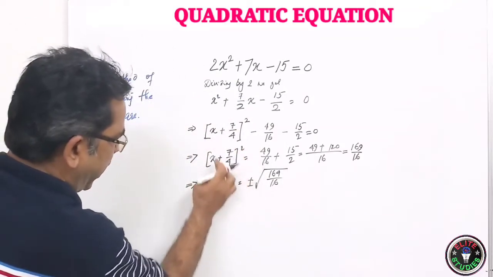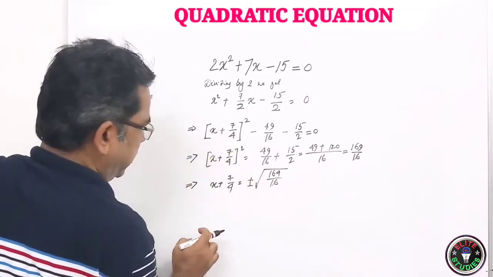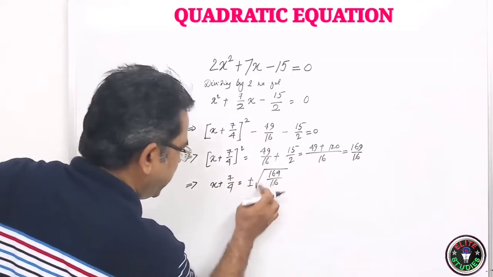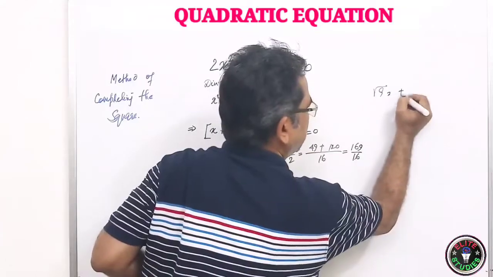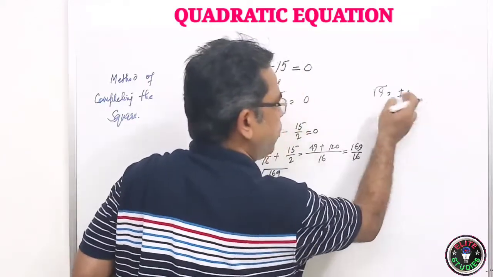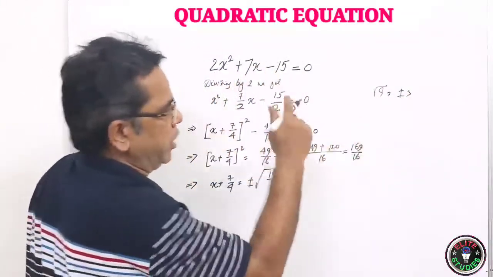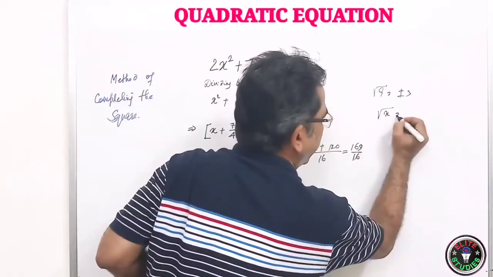If you do a square root here, then this square goes off. Why plus minus? Because if you write root over 9, it is plus minus 3, because plus 3 into plus 3 is also 9, and minus 3 into minus 3 is also 9. So whenever you take a square root, it is better to write plus minus.